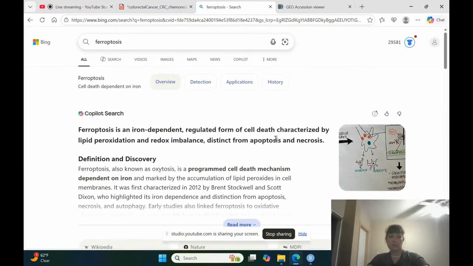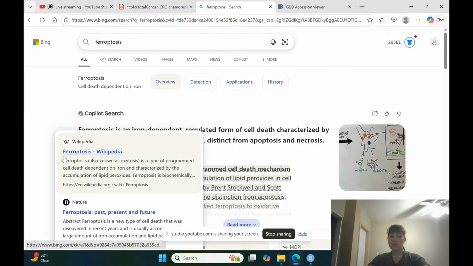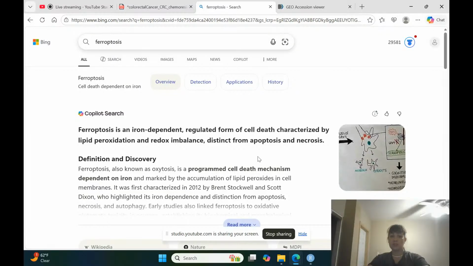Iron-dependent regulated form of cell death characterized by lipid peroxidation. Oh, yeah, actually we did go over this in human biochemistry, but we didn't really go into that too much. It was mostly gluconeogenesis. Cell death characterized by lipid peroxidation and redox imbalance, distinct from apoptosis and necrosis. Okay. So it's an iron-dependent programmed cell death.